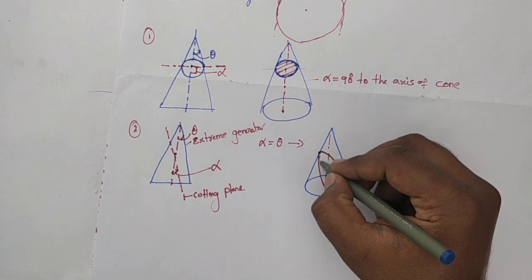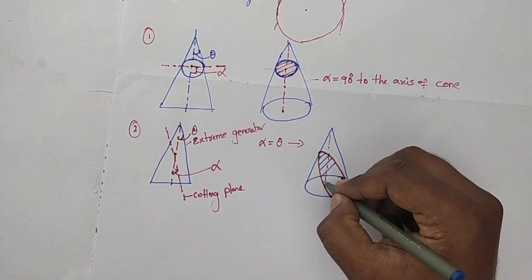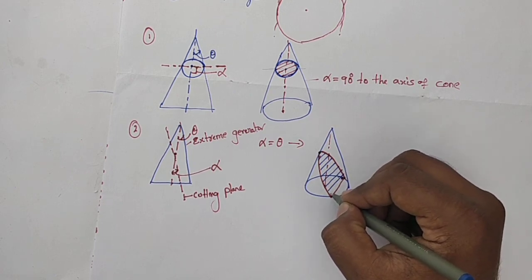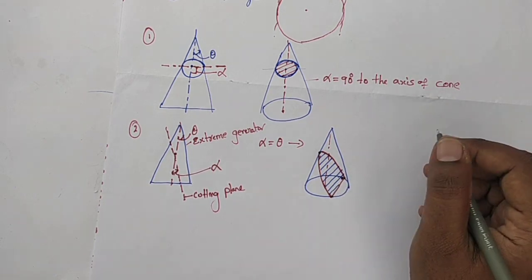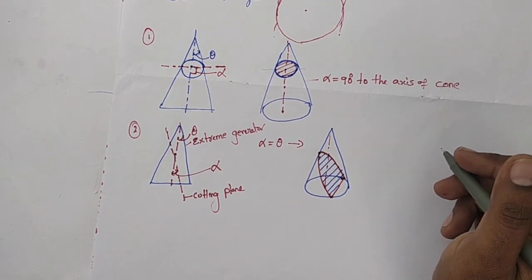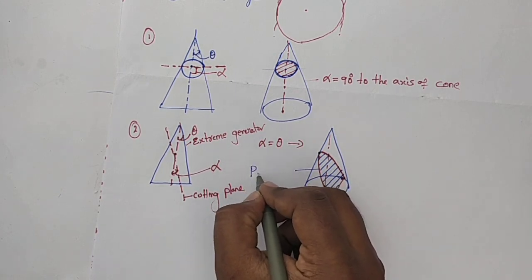It is formed when the cutting plane angle is equal to that of the extreme generator. That is, the cutting plane angle alpha is equal to theta. That curve is known as a parabola.